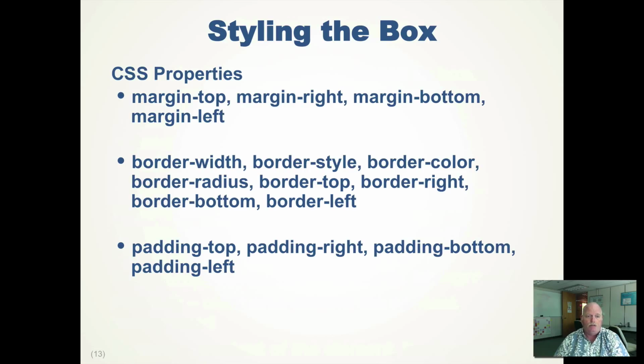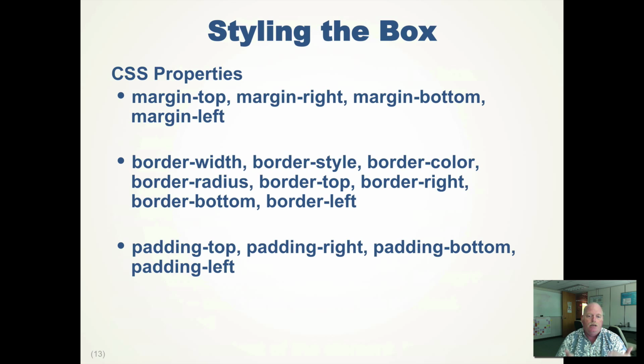So how do we style the box? Well, the properties margin-top, margin-right, margin-bottom allow us to control the margin, which is the outer piece between our box and the next box. Border-width, border-style, border-color, border-radius. So we can have border radiuses. Instead of having square pointy corners, we can have rounded corners. There's top, right, bottom, left.